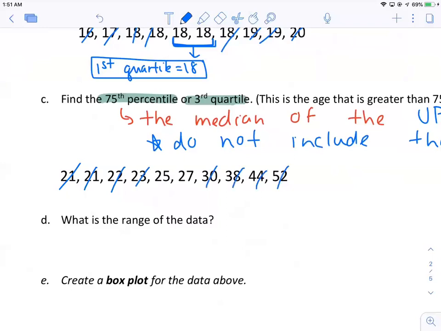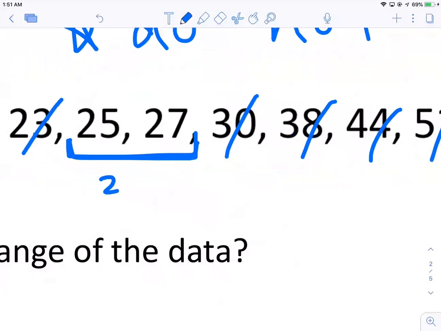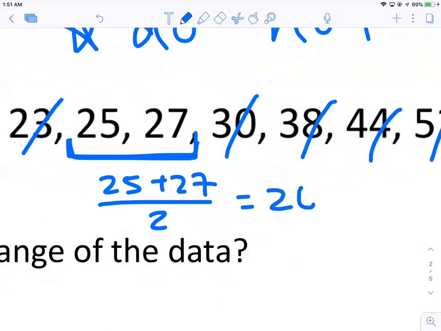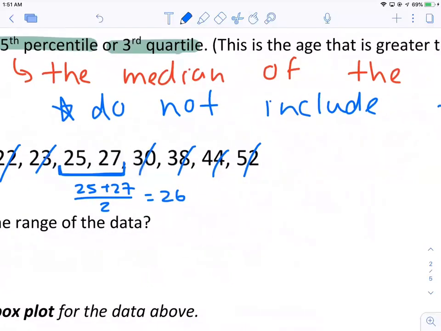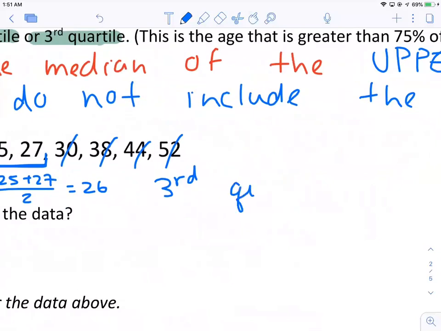I kind of cheated. Again, notice we have two numbers left in the middle, the average of 25 and 27. It's obviously 26, but let's see the calculation. We add the two numbers, divide by 2, and we get 26. So this is what we call the 75th percentile.